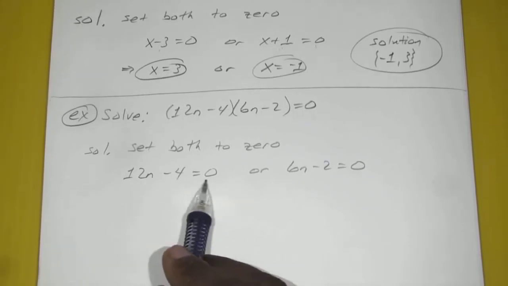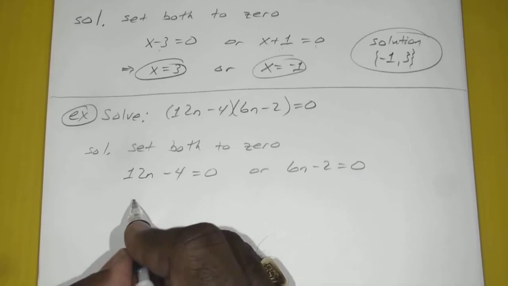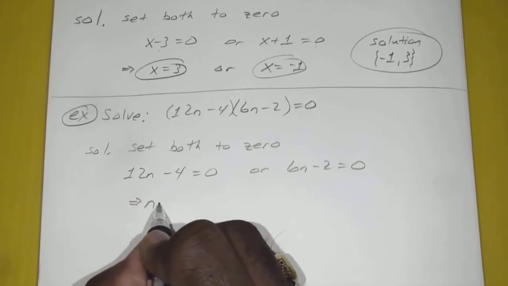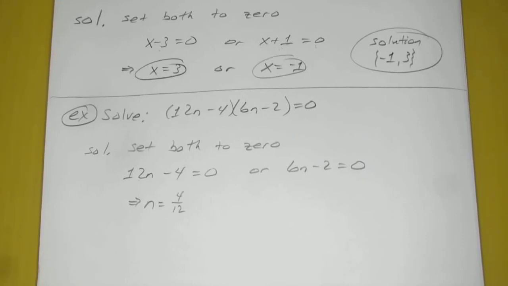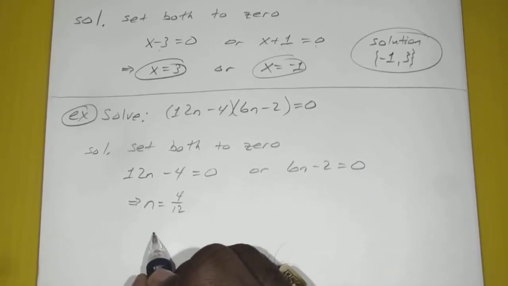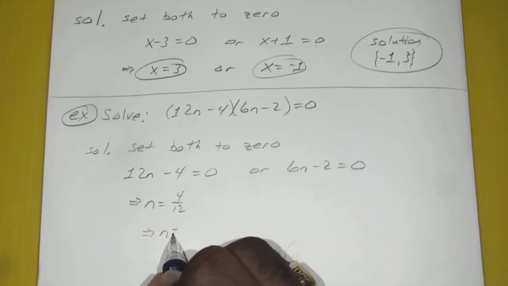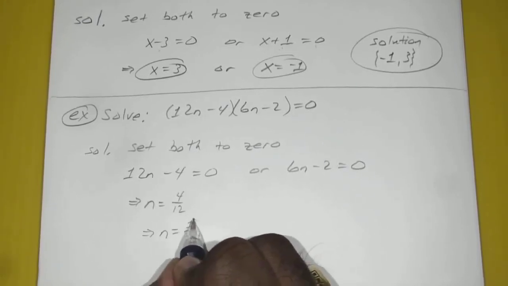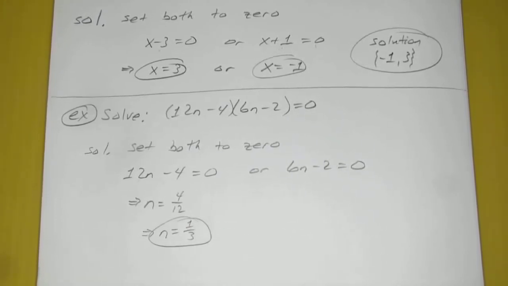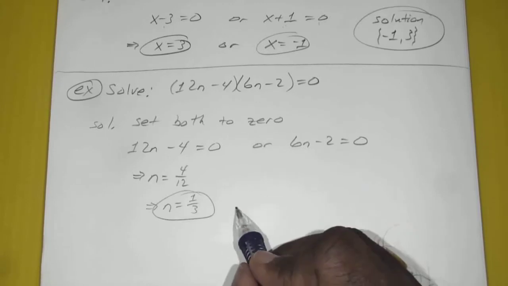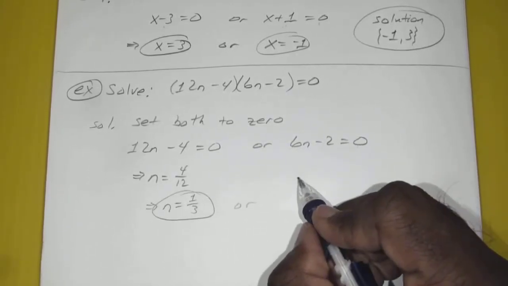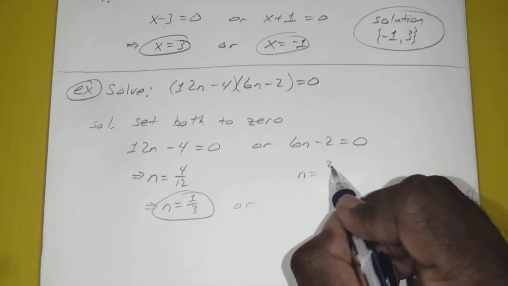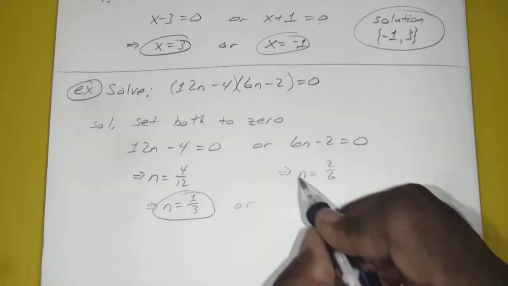Okay, so if we add 4 to both sides, then divide by 12, you have n equals 4 over 12, which if you simplify it, n equals 1/3. Or if you add 2 to both sides here, then divide by 6, we have n equals 2 over 6.